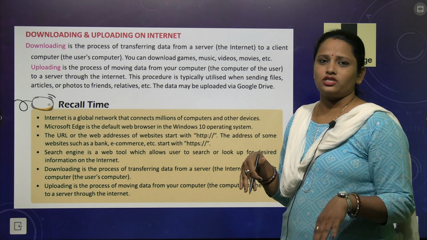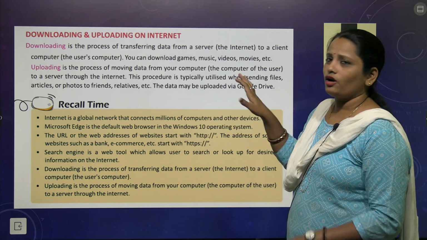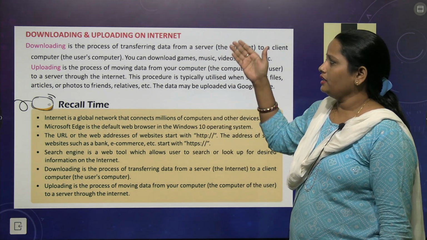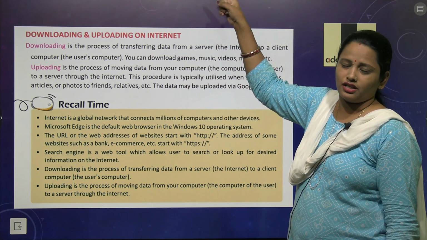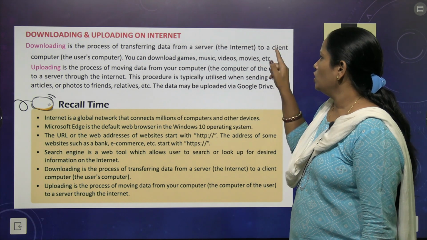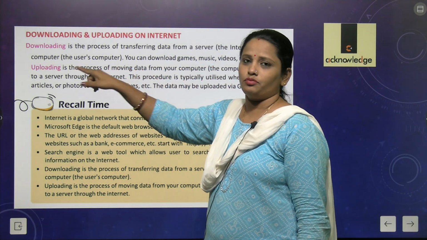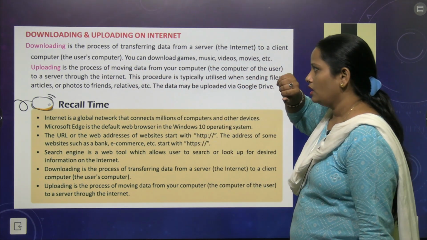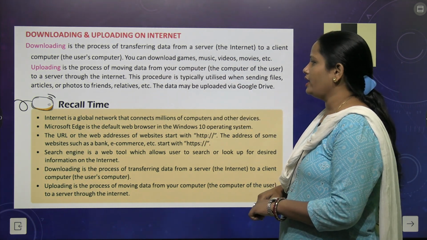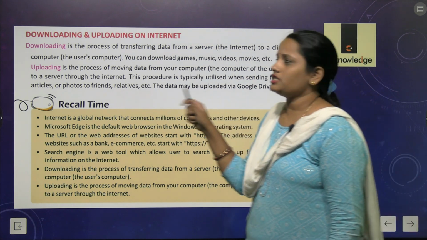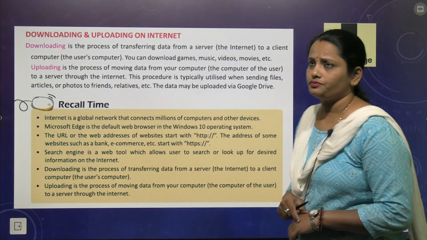When we click on the download button, the data comes from the server to the client, meaning the computer that we are using. So you can download games, music, videos, movies, etc. by using this downloading option.